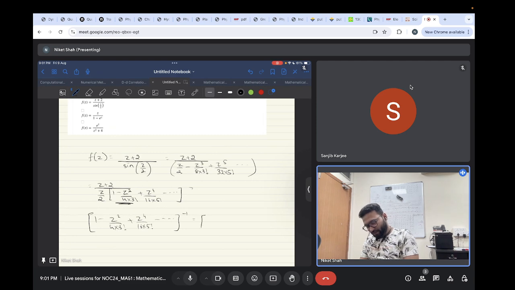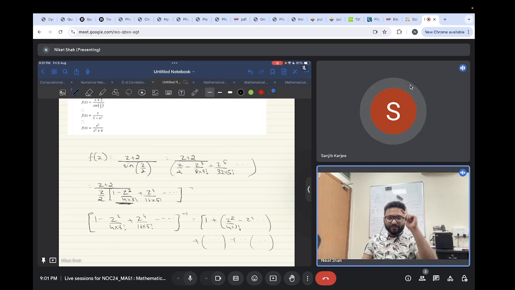So it is simply equal to 1 plus this whole term, z square by 4 into 3 factorial, plus higher powers. It will basically be a polynomial form. Do you understand this?